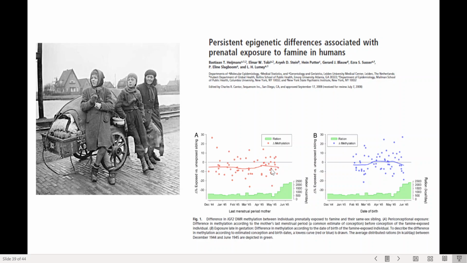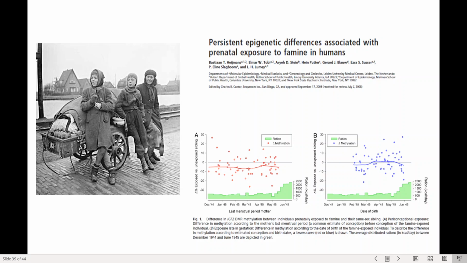So the genes are expressed differently, which now has important health outcomes later on in life. So it's a very early exposure, still in the womb, that sets up the body system to expect a certain environment, which now has very important life and health consequences 40 years, 50 years later.